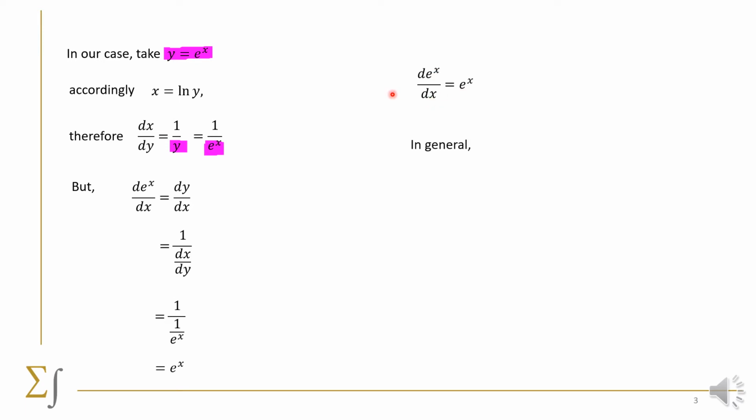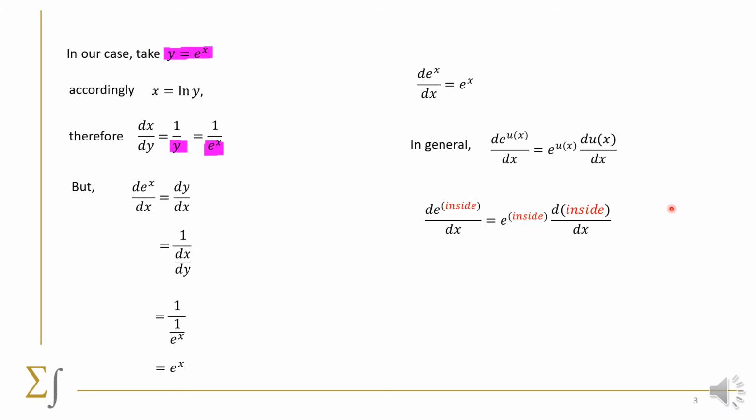In general, whenever we have a differentiable function u of x, we can say that the derivative of e power u of x with respect to x is e power u of x multiplied by the derivative of u of x. So the derivative of e power u of x with respect to x is e power u of x multiplied by the derivative of what's in the exponent.